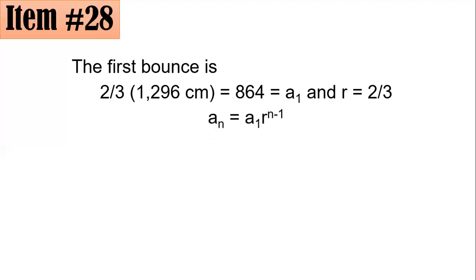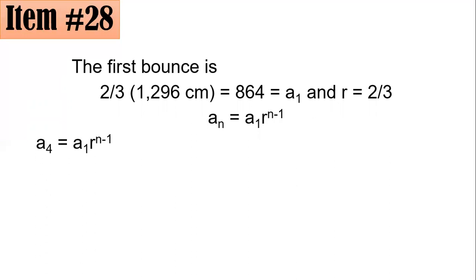Since you have a common ratio of 2/3, we are using the concept of the nth term of a geometric sequence, whose formula is a sub n equals a sub 1 times r raised to n minus 1, where a sub n is the nth term, a sub 1 is the first term, r is the common ratio, and n is the number of terms.